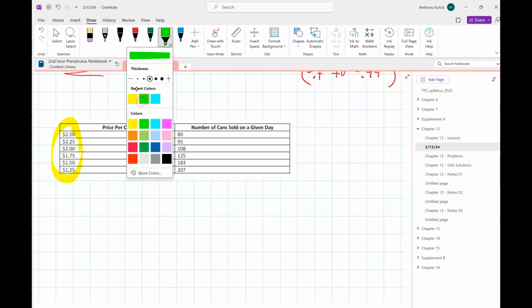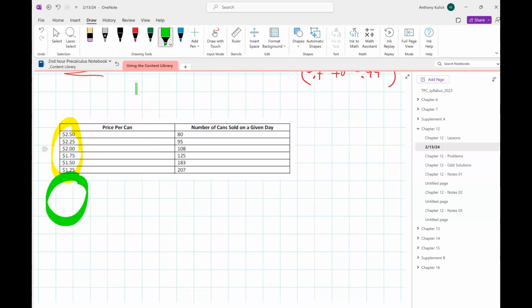If I asked you to approximate how many cans we'd sell if we sold it for $1 or $3, notice that's outside of the data set that we used to build the line. That is called extrapolation. Which one do you think is more reliable, interpolation or extrapolation? Interpolation. With extrapolation, you can get yourself into big trouble, because what are we assuming here? Well, that this linear relationship is going to continue forever, right?